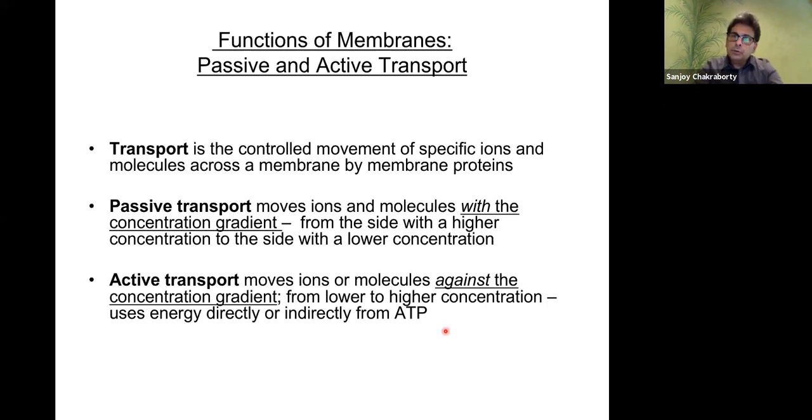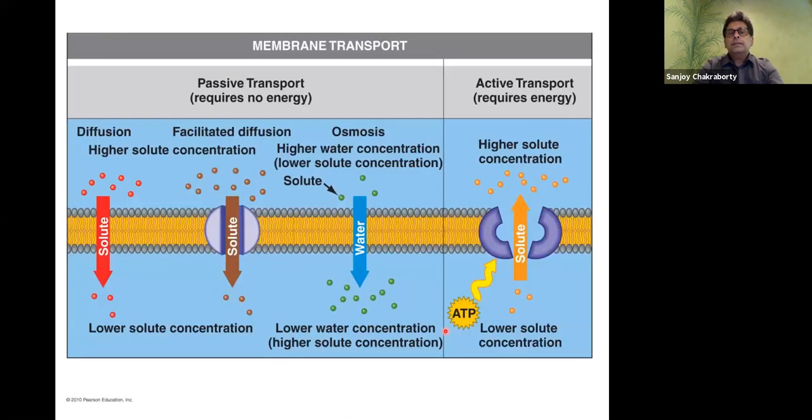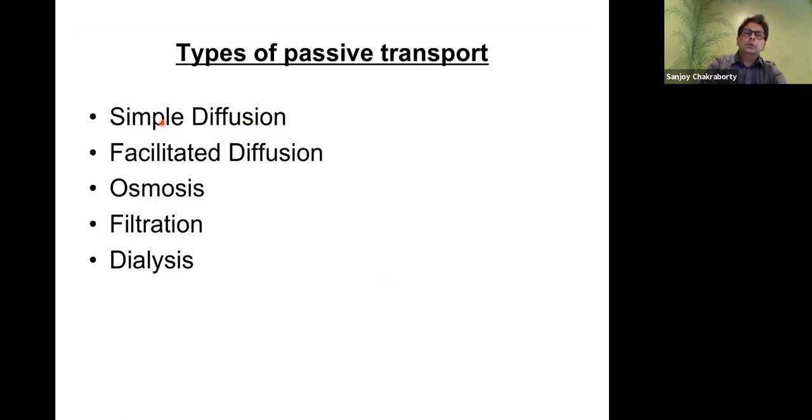Now, passive transport can be of multiple types. So what are the types of passive transport? I'm going to come back to this particular picture in 2 seconds. The types are simple diffusion, or just commonly known as diffusion, facilitated diffusion, which is diffusion with some facility, osmosis, filtration, and dialysis.